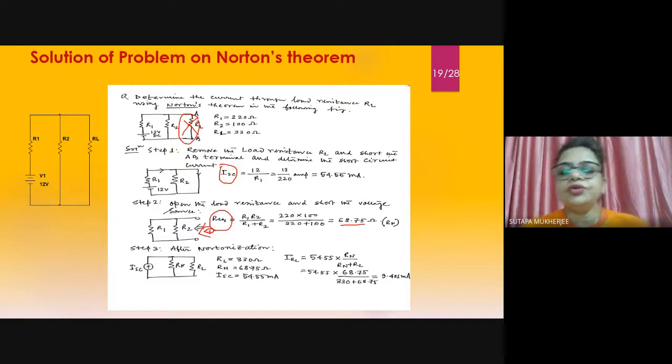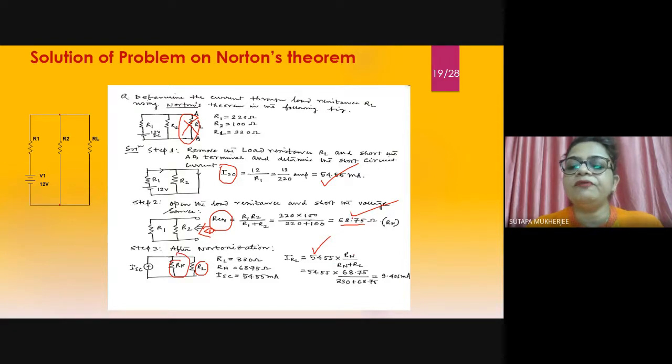So after Nortonization, what is the circuit? Where is ISC? This is ISC. Where is R Norton? This is R Norton. Then you have to determine the value of current passing through RL. Already Abhishek has told 54.55. This is I short into Rn divided by Rn plus RL.